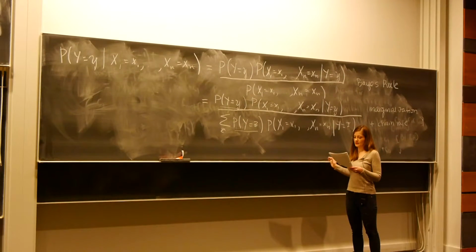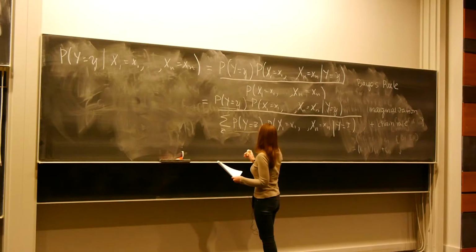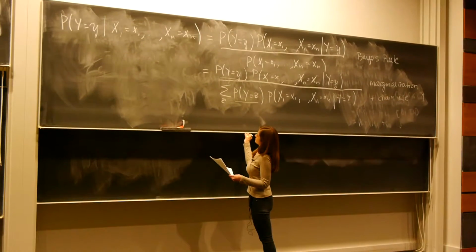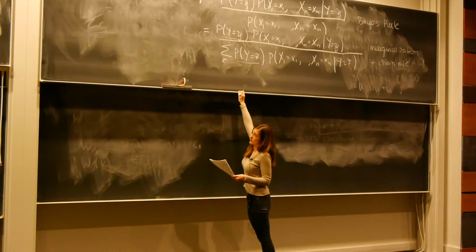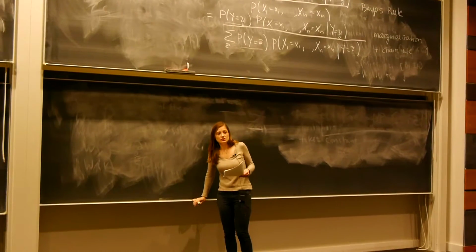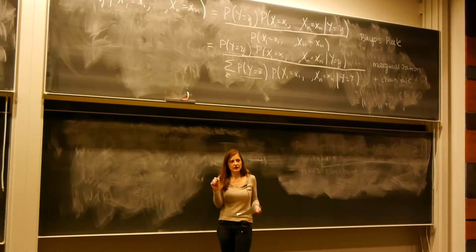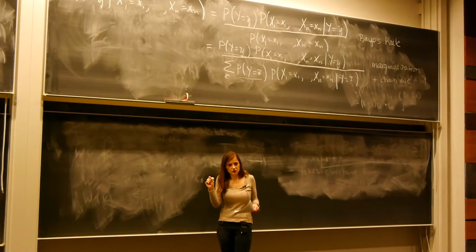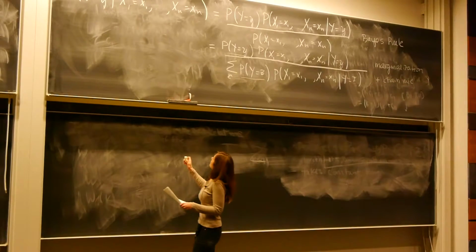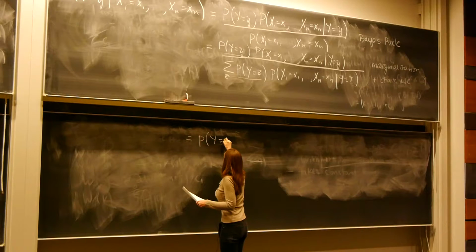Okay, and then next we use our conditional independence assumption, which was that our features are conditionally independent given our label, right? And when features are independent, it means that their joint probability can be written as a product of their individual probabilities, right? So, how do we write that?